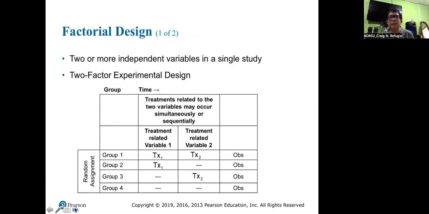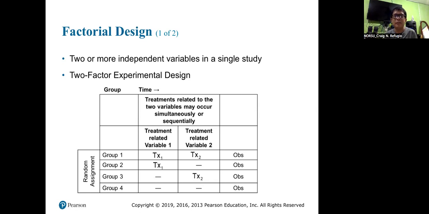Two or more independent variables in a single study. So two-factor experimental design. So we have group one, group two, group three, and then group four. So we have random assignment. It's a random assignment of who will belong to group one, who will belong to group two, who will belong to group three, and who will belong to group four.